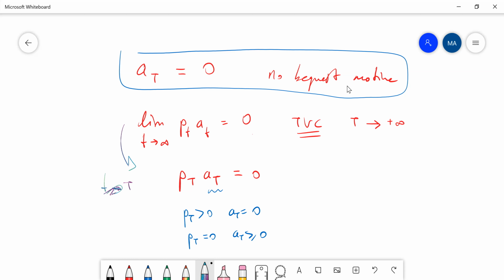Here we basically take T goes to T. So if there's no bequest motive, almost everything will be the same.